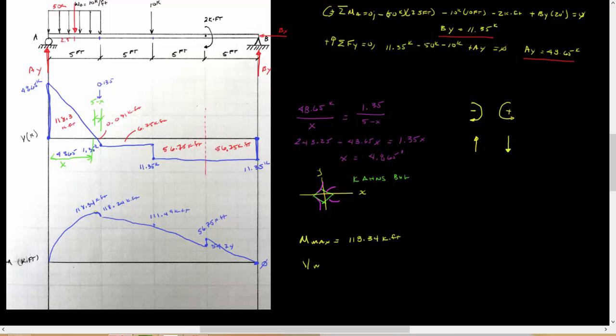And my shear max is the largest shear, which is going to be up here at 48.65 kips. That's what we'd normally be looking at. That's what you would be designing your beam for, looking at materials, etc., so that it would be able to withstand that shear and that bending moment.